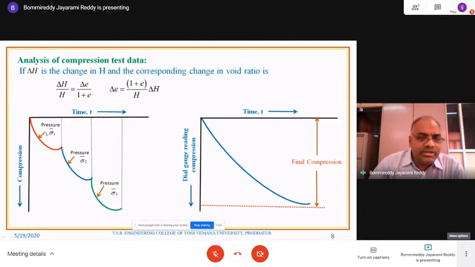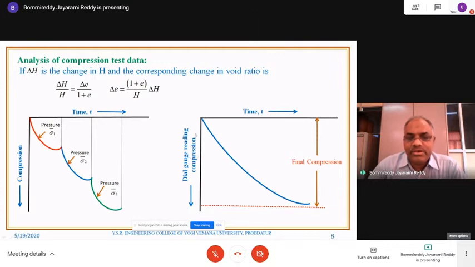And while analyzing it, the application of the load on the soil in the laboratory test is always compressive, and if you draw a graph between compression and time, the graph will always vary with reference to the magnitude of the stress applied. Say for example, in this case it is a generalized one. You can look at one axis, which is the dial gauge reading of compression.